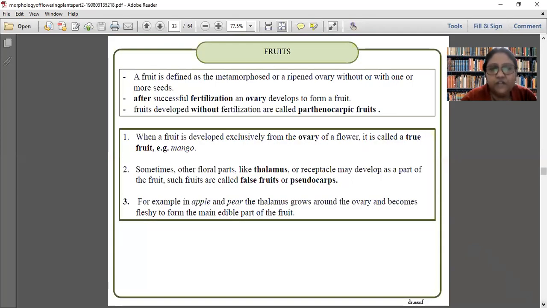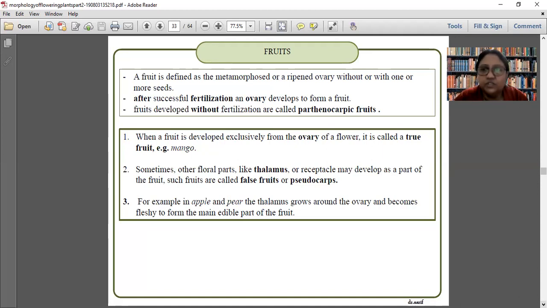Okay. So what are fruits? The ovary part of the flower is modified as a fruit. Now, fruit is not always formed by fertilization. Sometimes by parthenocarpy fruits are formed. अब आप पूछोगे कि कैसे?